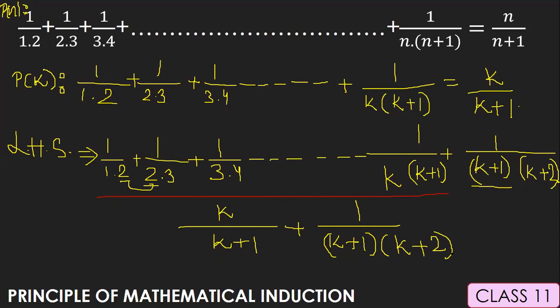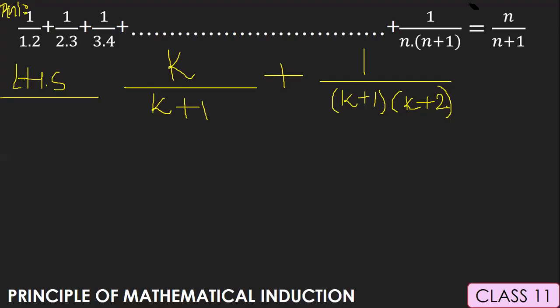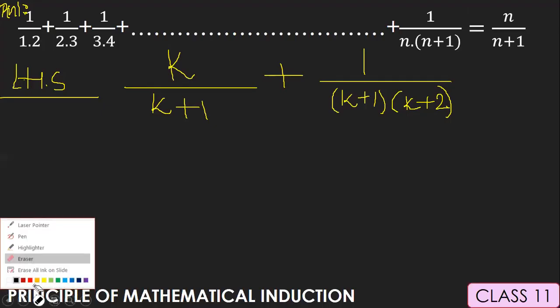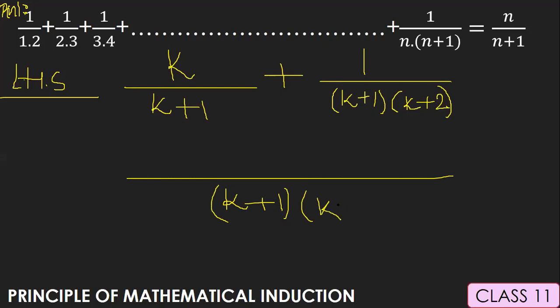Now let us solve it further. So let us take the LCM of these terms. The denominator would become k plus 1 into k plus 2.